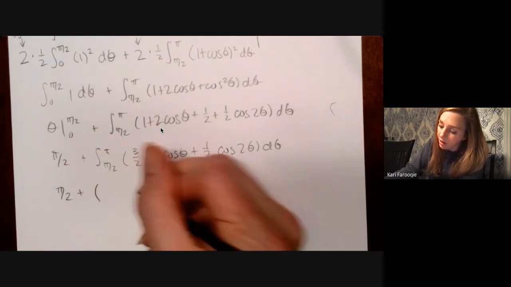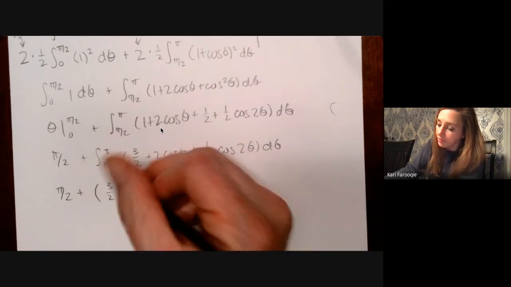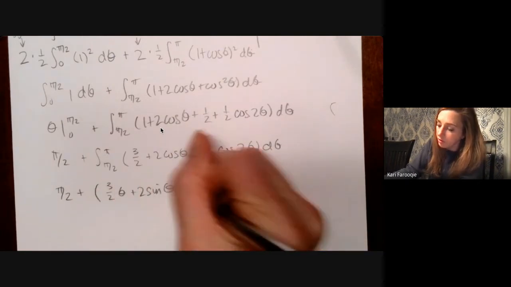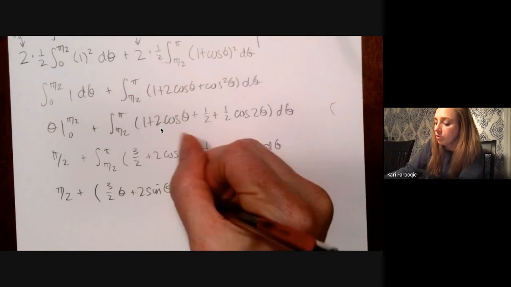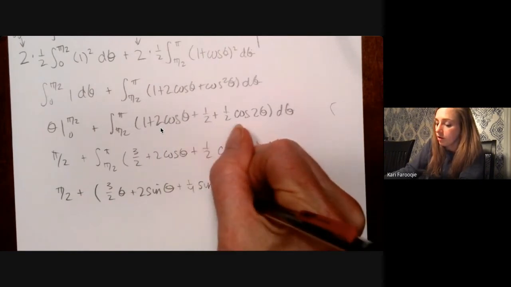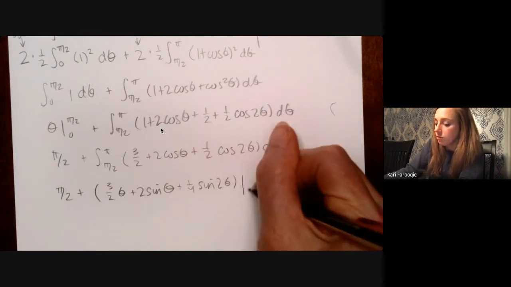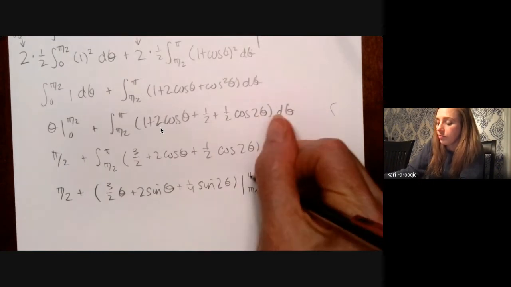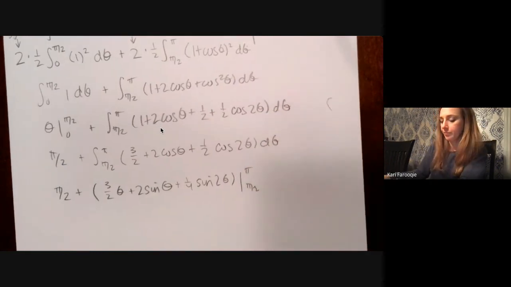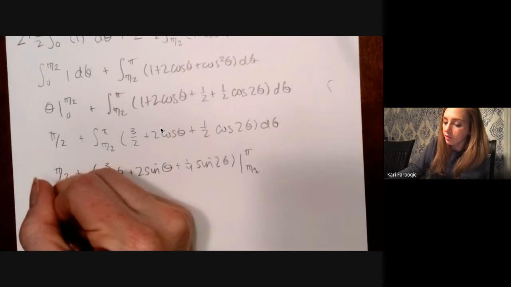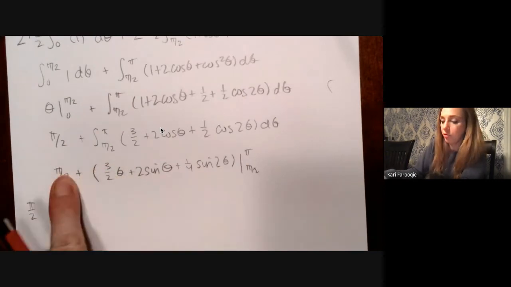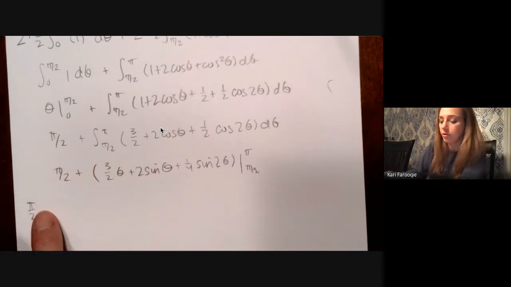So this will be 3/2 theta plus 2 sine theta plus 1/4 sine 2 theta from pi over 2 to pi. So I'm still carrying this pi over 2 around from the first integral for the circle.